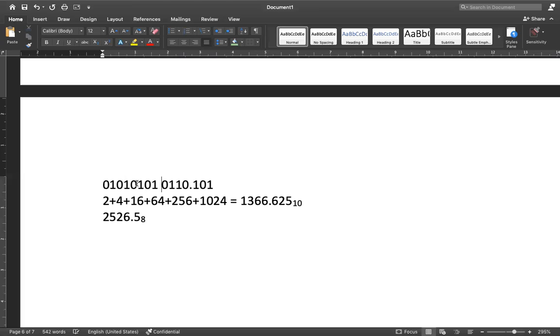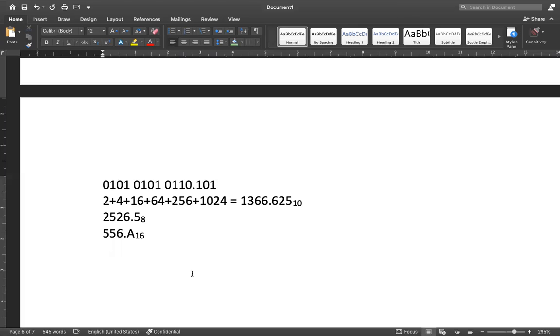This 4 is 6, 5. So it is 5, 5, 5, 6 point A in hexa. Got the answer? Yes, sir. Right, here also you have to add that 0 to make 1010, which is 8.